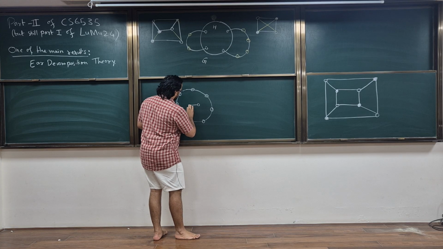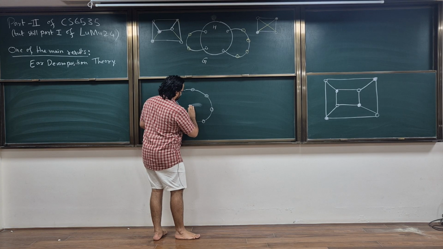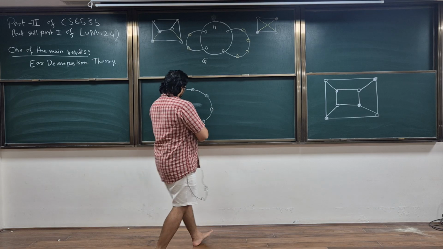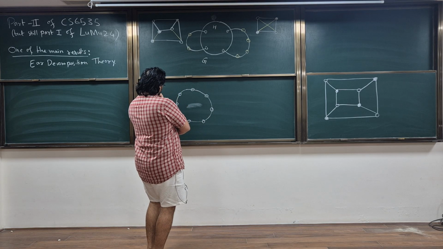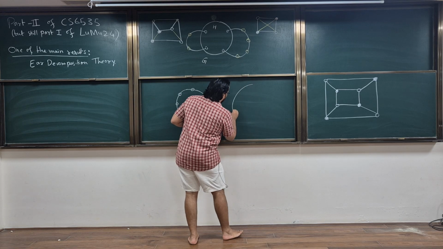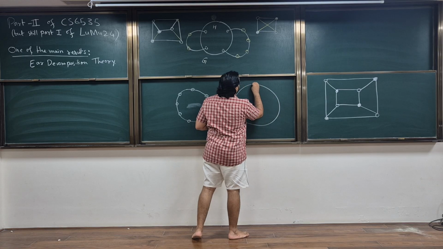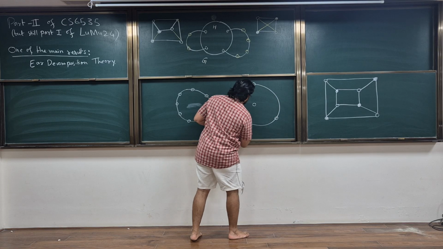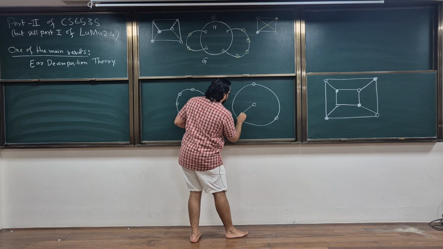You'll add a double ear. Wait a second. Yeah, let me just draw the way I kind of know how to do it. So here is a drawing of the Petersen graph. That is very useful for this purpose.